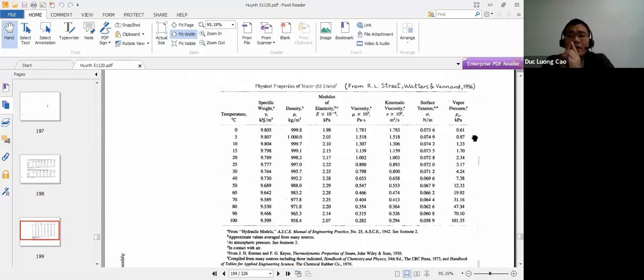It means if you create a tank and the pressure in that water tank is 0.87 kPa, water inside the tank will boil at just 5 Celsius. At 20, you have here 2.34 kPa. Okay, so water boils at 20 Celsius if the pressure is 2.34. At 50, you have 12.33. Okay, it's vapor pressure.